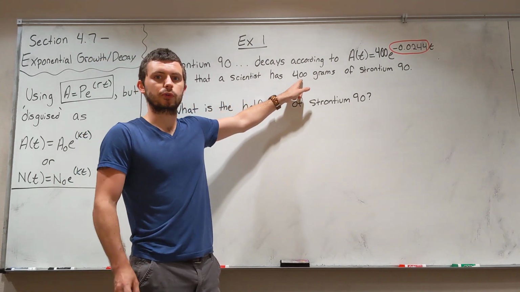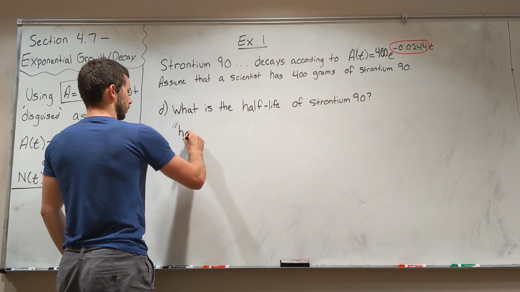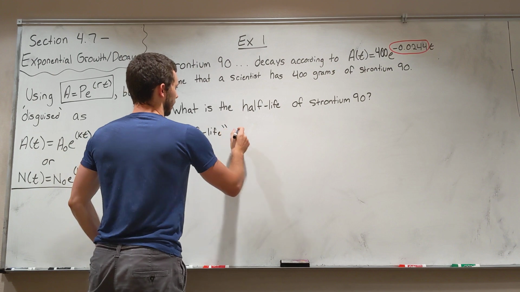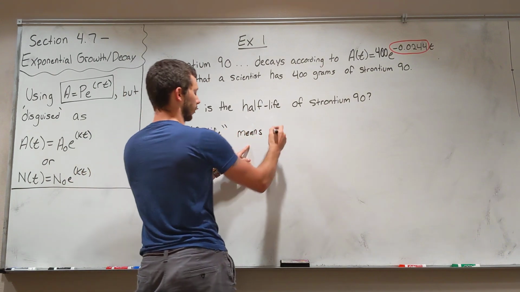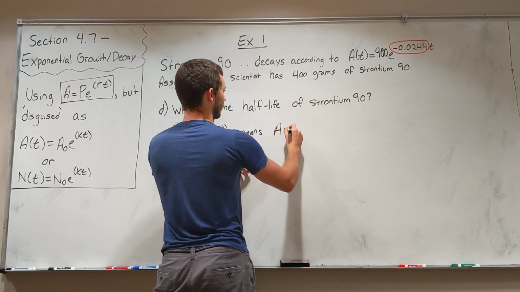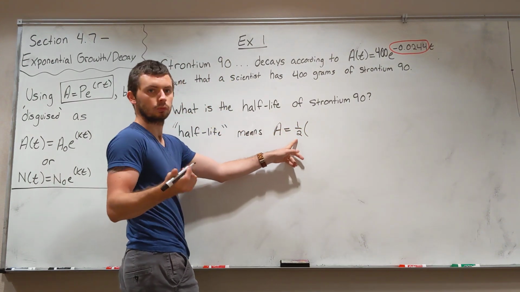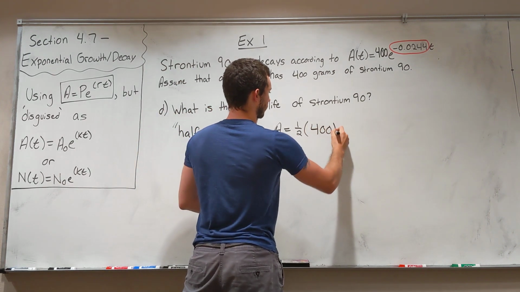Seems like that was the 400 here. So what half-life is referring to means that the final amount, or the capital A in this case, is equal to, well, half is 1/2 times the starting value, which was 400.